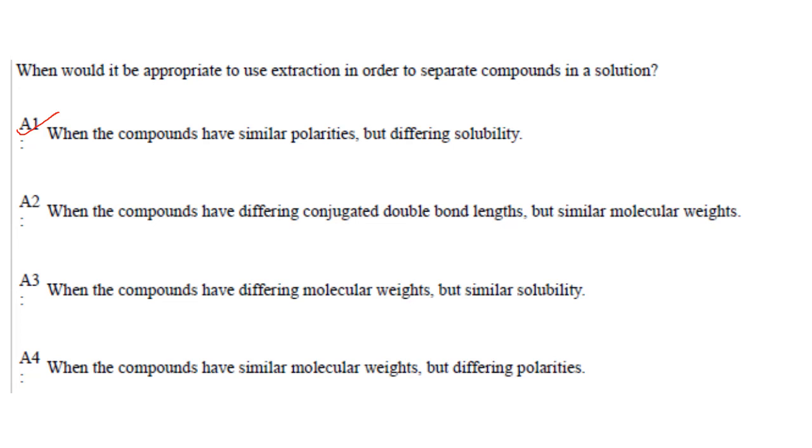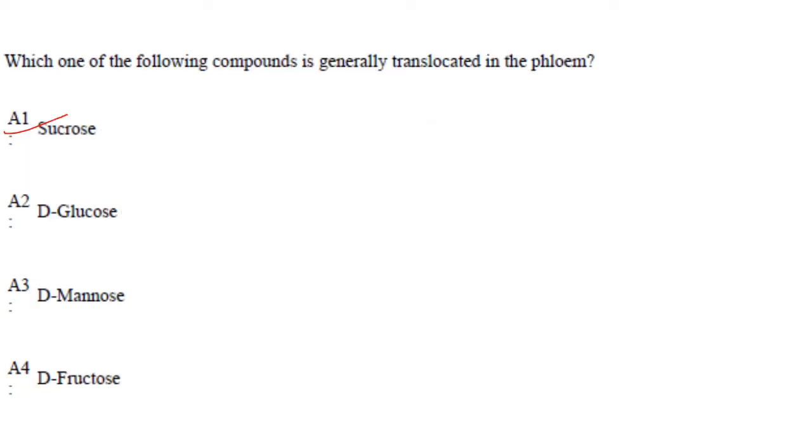Answer is option 1. Next one. Which of the following compounds is generally translocated in the phloem? It is sucrose. Answer is 1.